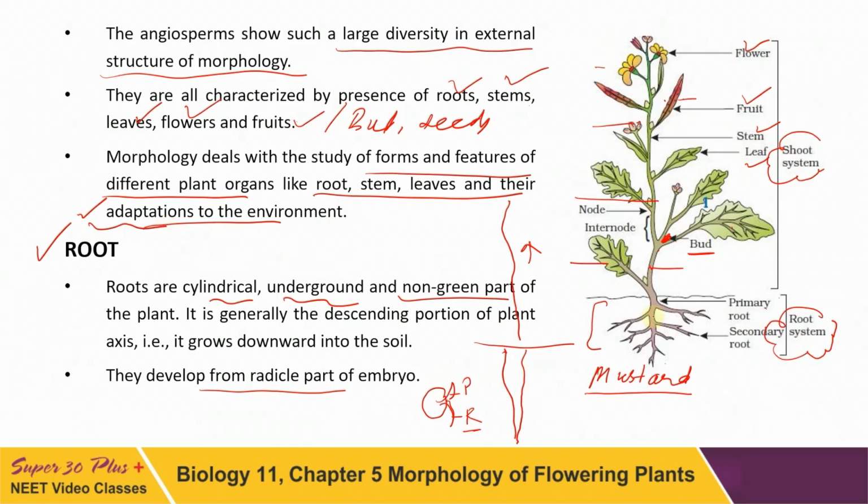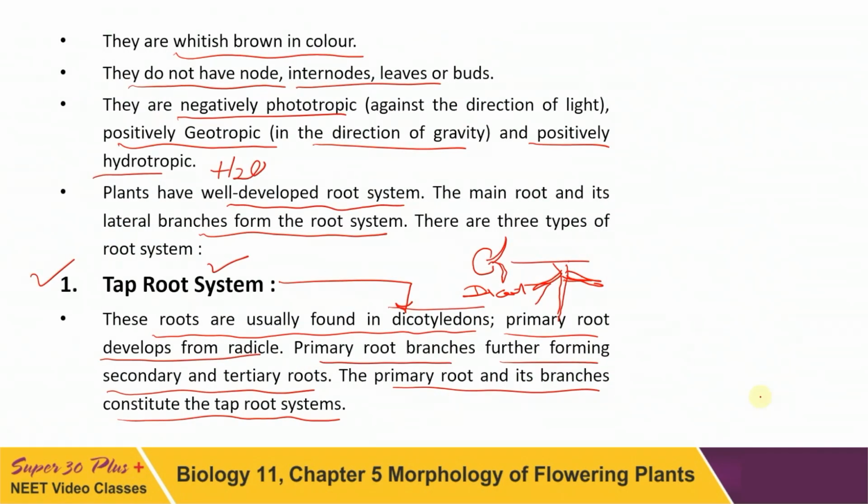The root is the underground part. This is a cylindrical, underground, non-green, descending part, and it usually develops from the radicle. The radicle is part of the embryo. Come to the next. One important question came: suppose you have been given two portions, one of stem and one of root, how do you identify them?